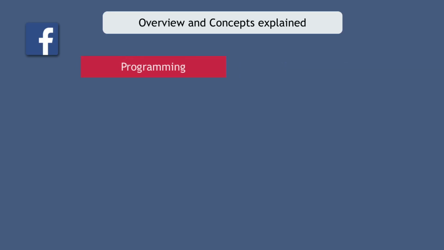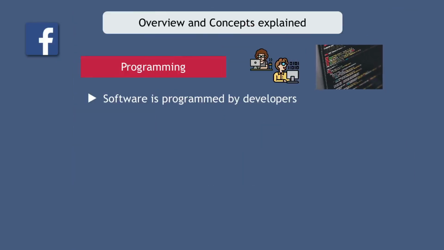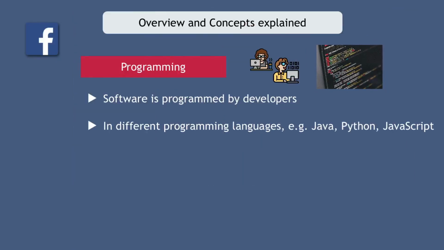So first, let's start with the programming. Facebook is basically a software, an application that needs to be developed by a developer team. So on a higher level, developers code the application in various different programming languages. Developers work in teams. If it's a small application, then you would have one team per application. If it's a huge application like Facebook, you will have multiple teams, probably per feature.